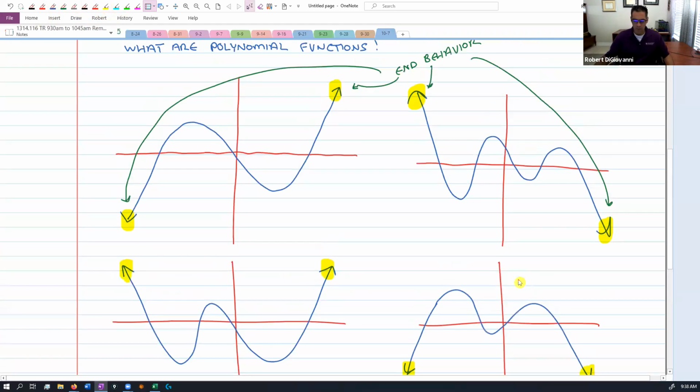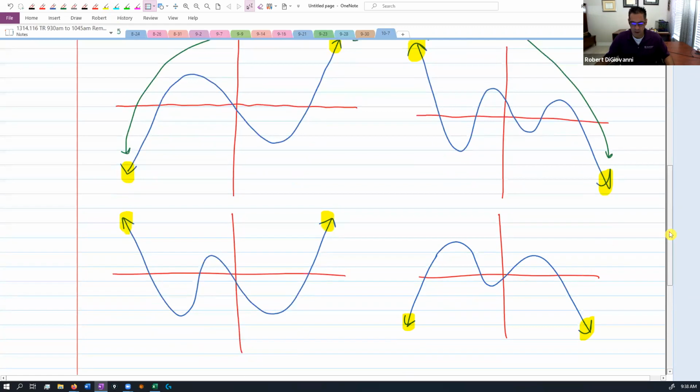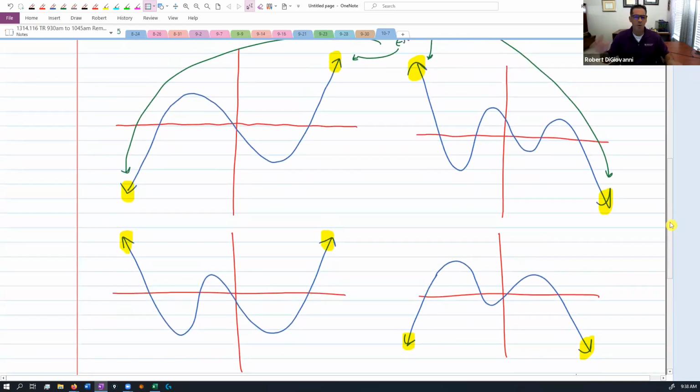So when you look at polynomials, there are only really four things that can happen in terms of the end behavior. You can have both sides go up, both sides go down, the left side go up and the right side go down, or the left side go down and the right side go up. That's it. Those are the only things that can happen.